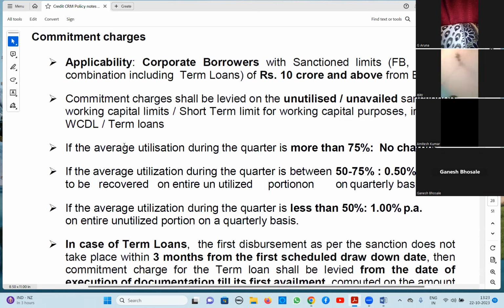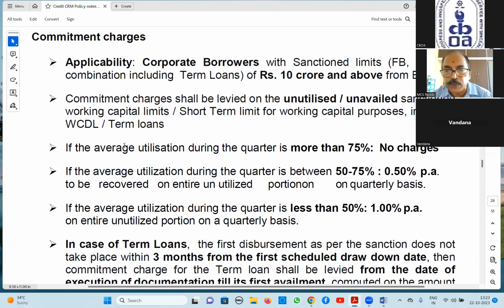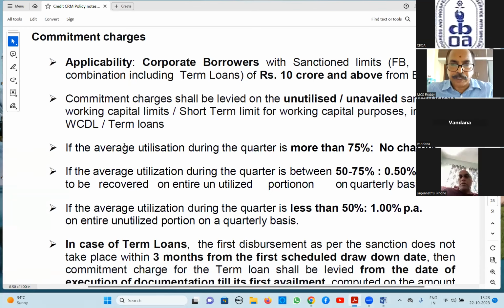Next, if average utilization during the quarter is less than 50%, in such case 1% on the unutilized portion you have to collect as commitment charges. This is commitment charges. Generally, maximum is 1%. 10 crores and above is applicable. If they avail at least 75%, no charges. 50 to 75% is 0.5%. And less than 50% is 1%.